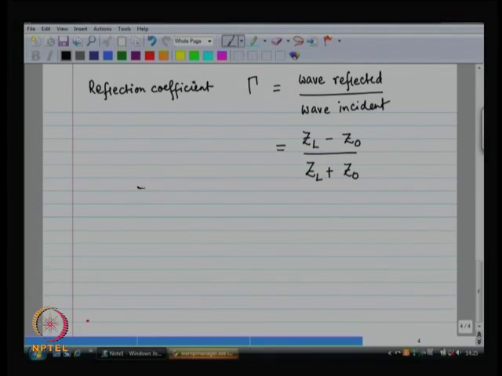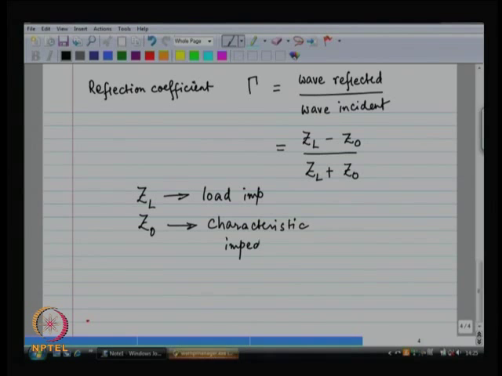Here ZL, of course, is the load impedance, Z naught is the characteristic impedance of the transmission medium.